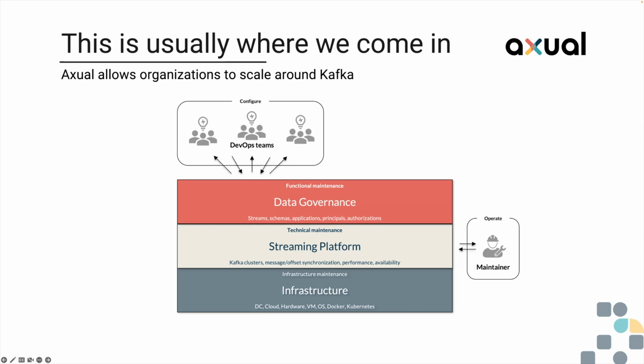Then somebody else can log into the system. That person can be an application owner and register his application. And as soon as that application is fully set up and its credentials are known to the platform, you can request access to a particular topic, and then it's up to the data owner to either approve or deny. And as soon as you approve, everything on Kafka is automatically set up for you. And from that very moment onwards, the application has access to the topic.